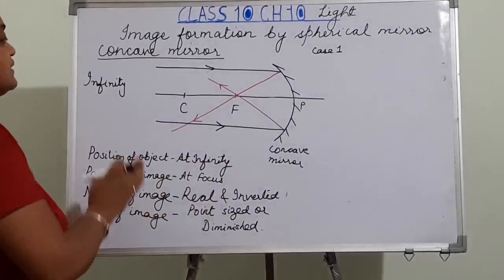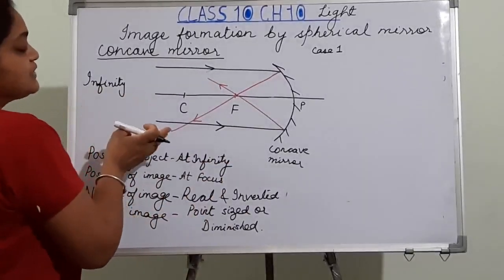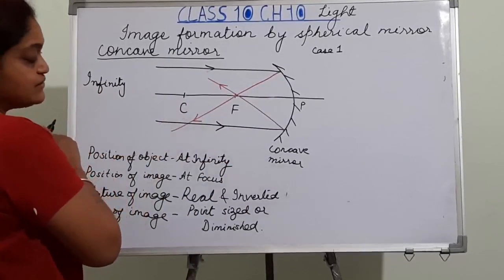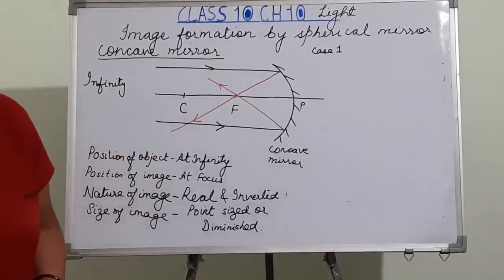Next case is when object is placed beyond C, beyond center of curvature. Let us see how you will draw this.